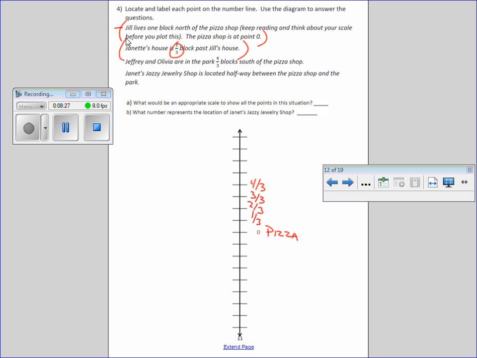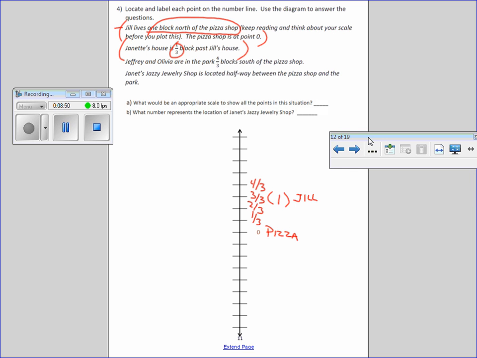And I could keep going, but I don't need to. My 3/3 is another name for what whole integer? Go ahead, Lil. That's my 1. Now I know that that's 1 block north of the pizza shop, which is at 0. That's got to make this Jill's house. Everything will now start to fall into place.